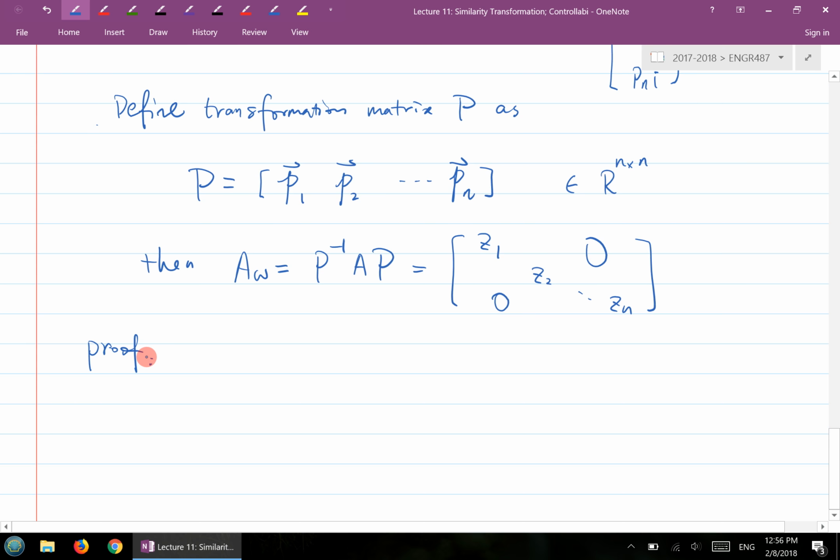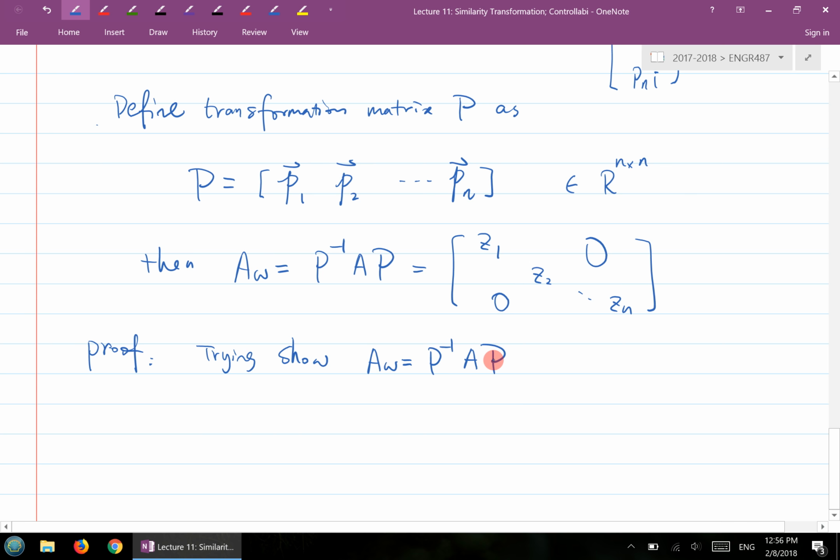Is that good? So here's a very simple proof of this. What we're trying to show is that AW equals P inverse AP.